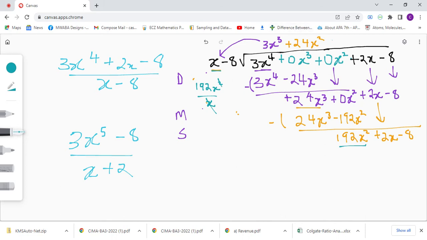So we put here plus 192x. 192x times x, we get 192x squared. 192 times negative 8, we get negative 1536, so we say minus 1536x.